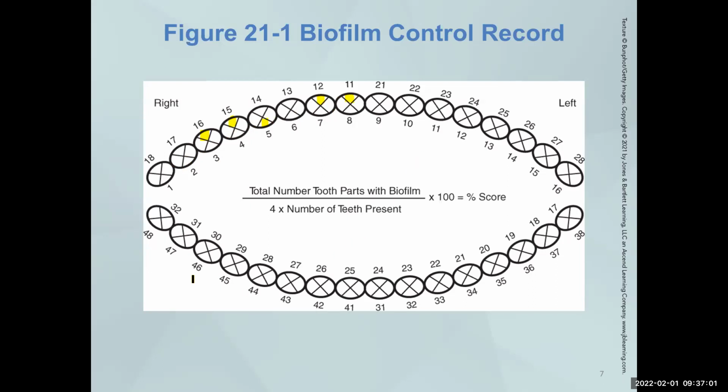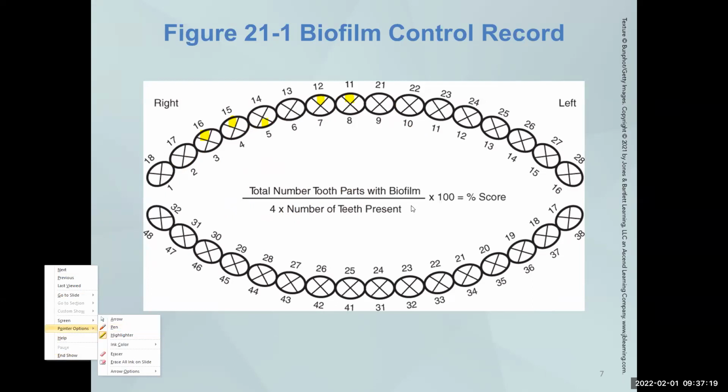So this has a potential of 4 sites per tooth. So it's the number of tooth parts with biofilm. All right. And then 4 times the number of teeth present. So if they've got 32 teeth present, it's 4 times 32. And that gives you the bottom number, and that comes up with a percent.